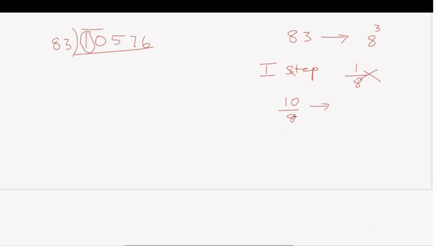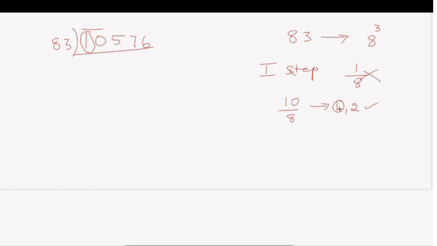Though 10 is not exactly divisible by 8, the nearest product to 10 multiplying 8 with 1 is 8. So, we obtain 1 as quotient and 2 as the remainder in this step of division.